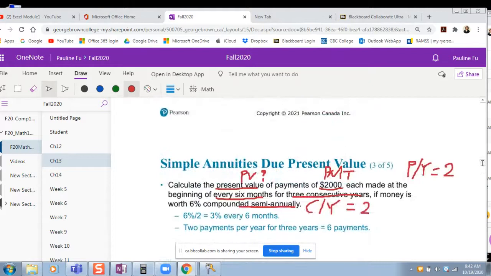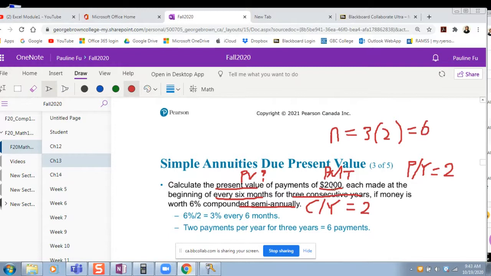Let's look at the question here. Payment is made every 6 months for 3 years. So n equals 3 years times 2 equals 6. Over 3 years, you make 6 payments.